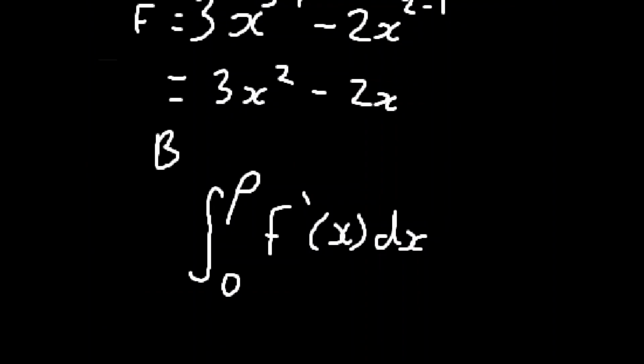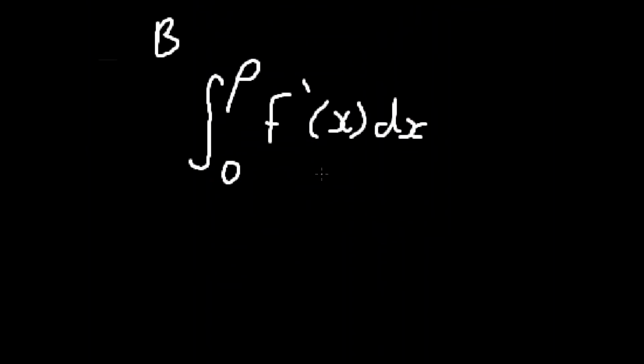So what happens is it's the derivative and we're integrating it, so it goes back to being the original value. But this time it's a definite integral. So you substitute the value that you've gotten at the top, that p, and then minus it on the other side by that 0. Let's see what I mean.